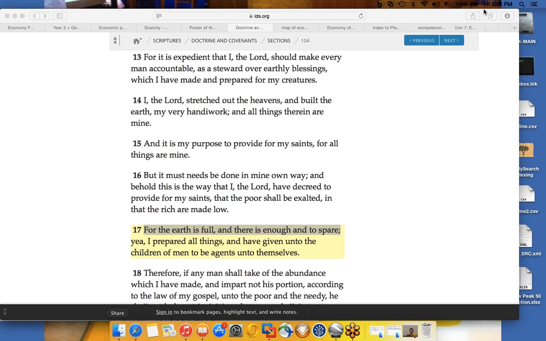I want to share as my testimony that the best type of economy is where we have this mentality of abundance, having faith in the Lord that He has prepared every needful thing for us and for all of His children. And I share that in the name of Jesus Christ.